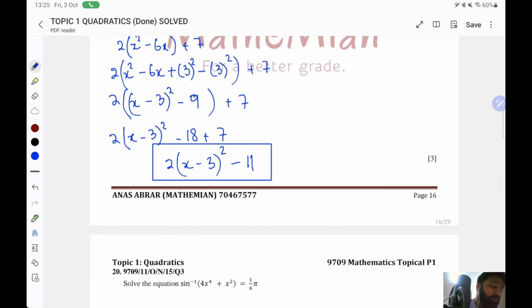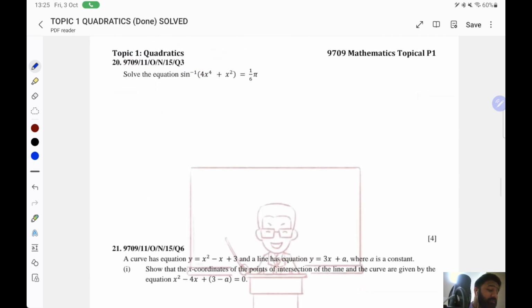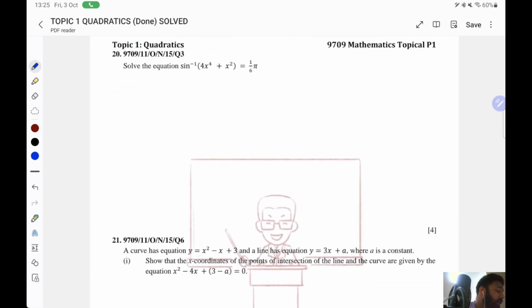Yeah, let's move forward to the next question. Question number 20. It says solve the equation sine inverse of 4x power 4 plus x square, and it is equal to pi by 6.